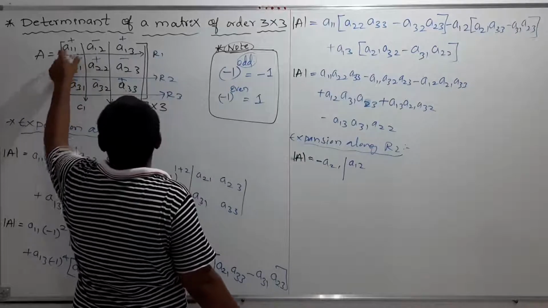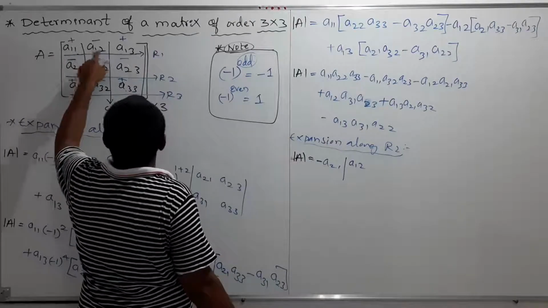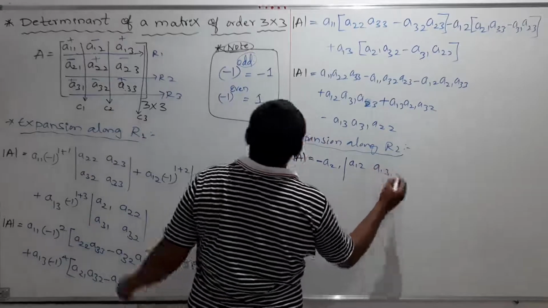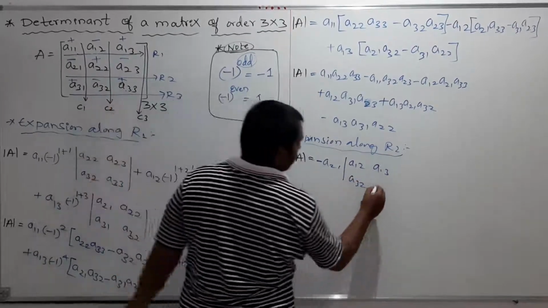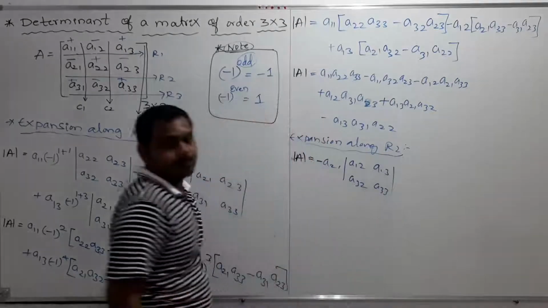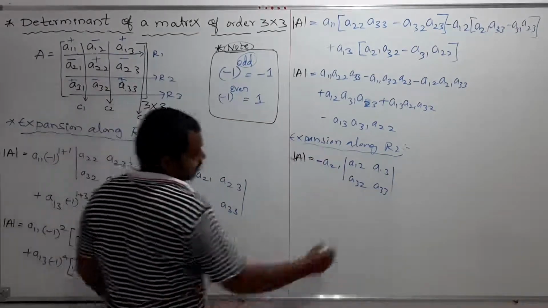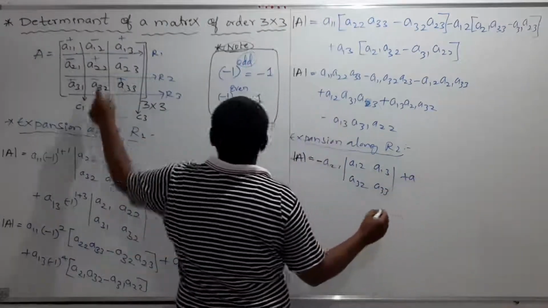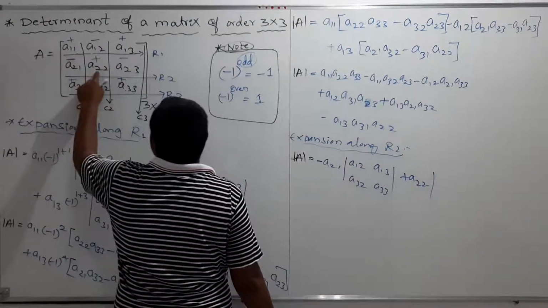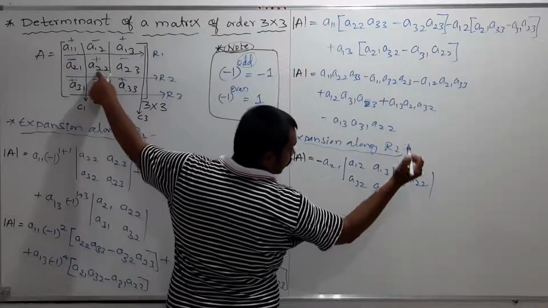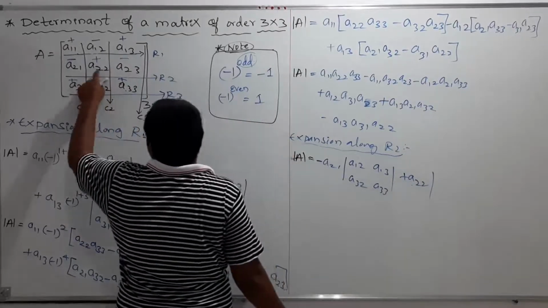a13, a32, a33. Clear? And next the condition is positive, you should take, and with that element a22, and next take the determinant, leaving this row and this column, the row and column where the element you are multiplying lies, that is, the element a22.